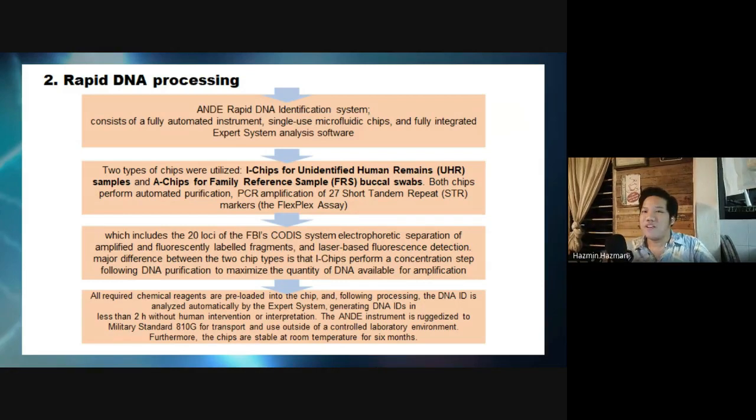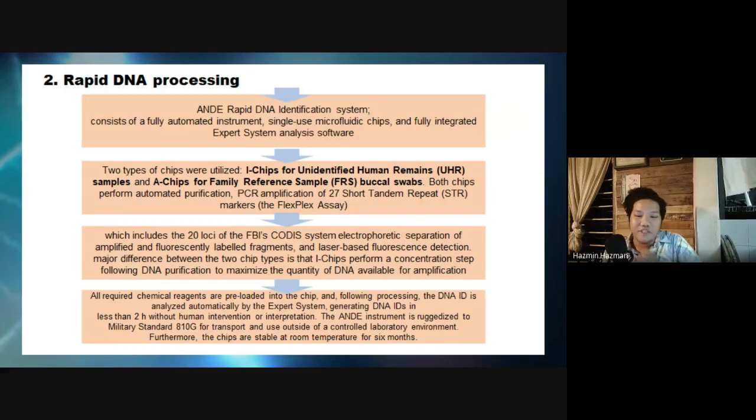This instrument has two types of chip: the I-chip for the unidentified human remains, UHR, samples, and the other chip for the family reference samples, FRS, buccal swabs.